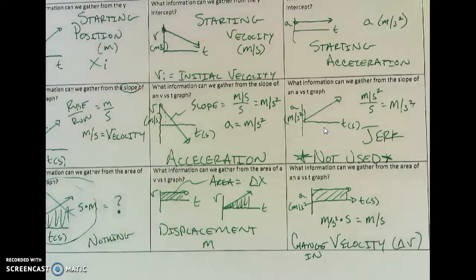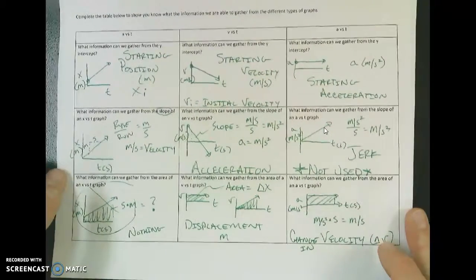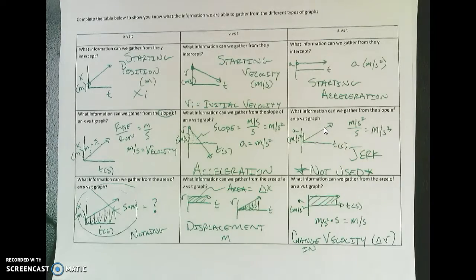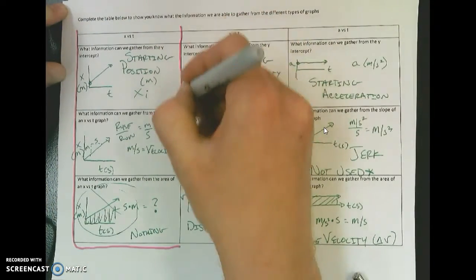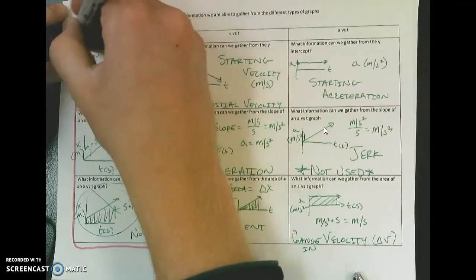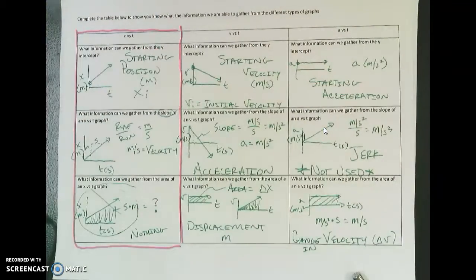So this is all of the information that you can gather from all of these different graphs. Now, just again to kind of reiterate what I'm trying to show, all of this information here is regarding a velocity or position versus time graph, x versus t.